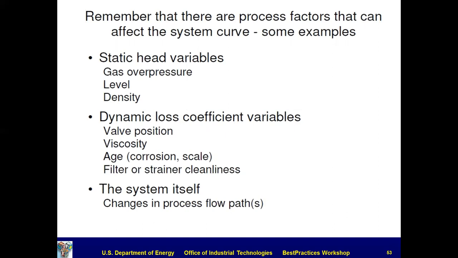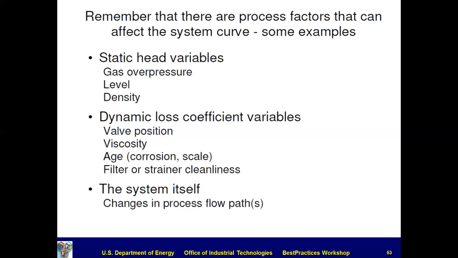On the dynamic side of things, you can certainly have a modulating control valve that could change, and for every different valve position, you would get a slightly or maybe significantly different system curve. Viscosity of the fluid can change.